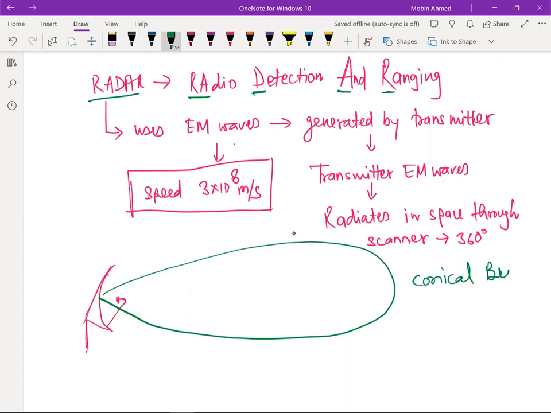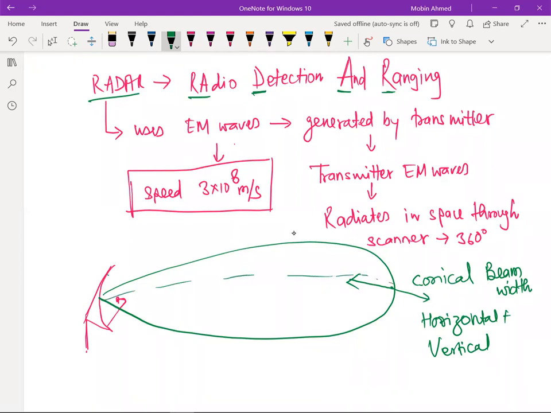conical beam width. Almost conical beam width means it is going to have a horizontal plus vertical beam, both the sides, plus and minus, means it is going to have the horizontal component also. So we can say like this, and no, I should not make it here, it is going to be something like this.